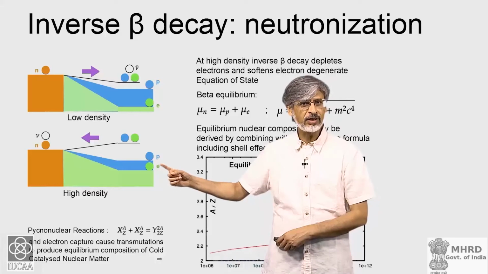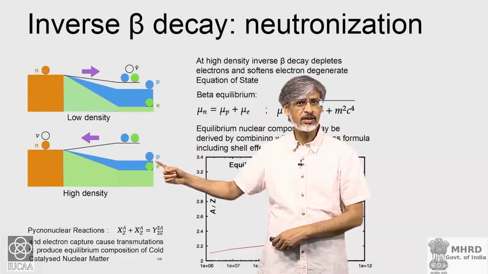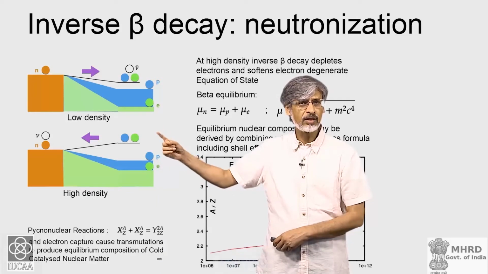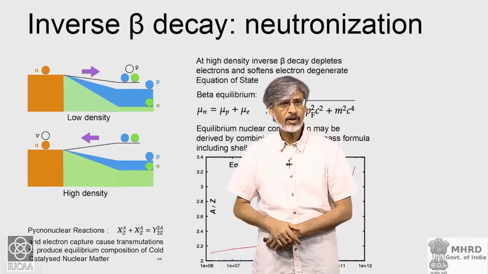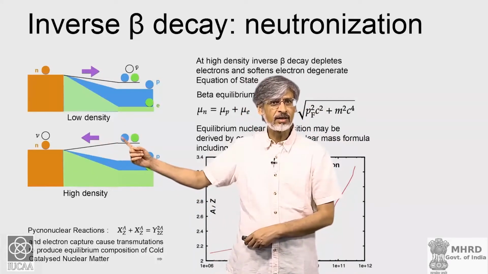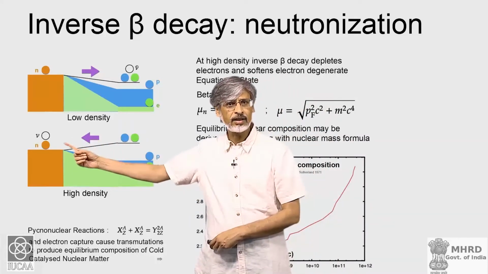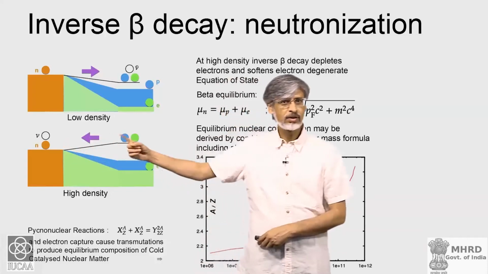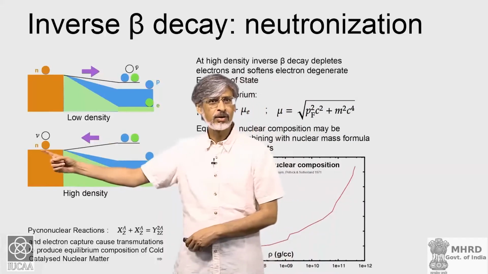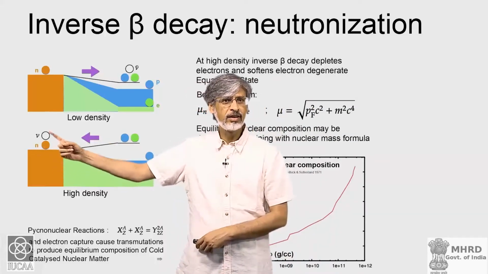At some point the sum of the electron Fermi energy plus the proton rest energy can go above the neutron rest mass. If that happens, then the transition the other way will be preferred. So, the electron and the proton will combine to form a neutron and release a neutrino.